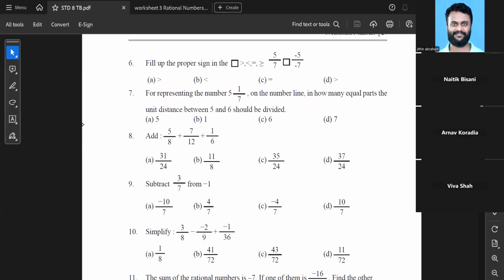Let's go for question number 9. Sir, can you solve question number 7? Let's go for question number 9. Subtract 3 by 7 from -1. So I'll give you a minute. You try it out. Give your answer in the chat box, only the option I need. After that, I'll solve.